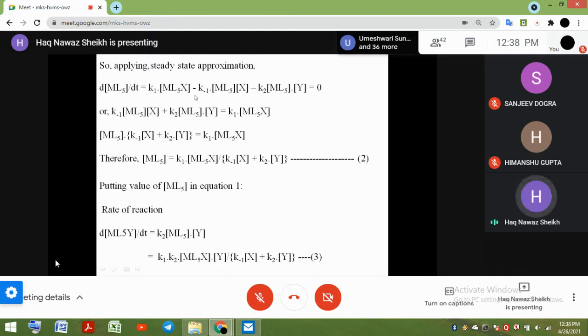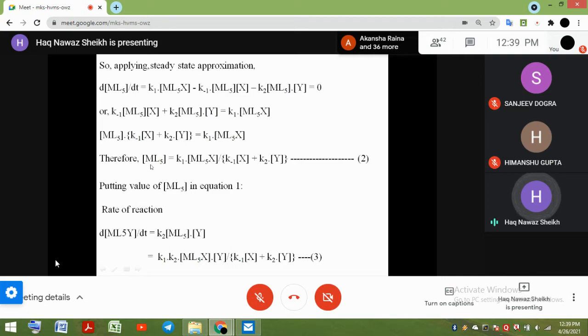Using this equation, take ML5 common and write k minus 1 ML5 X plus k2 ML5 Y equal to k1. Then take the common ML5, which is the intermediate: it is k minus 1 X plus k2 Y equal to k1.